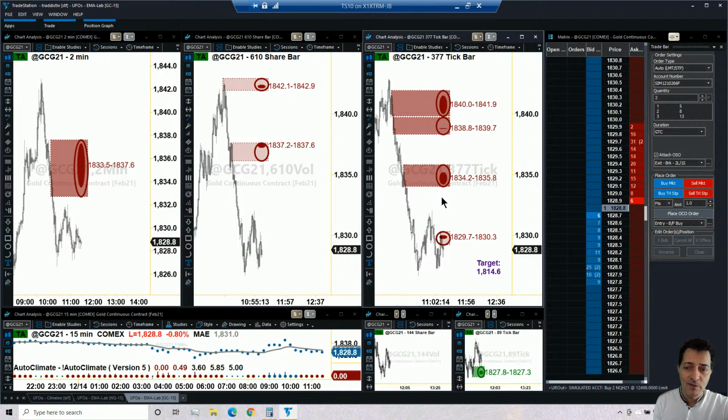Because in order for you to accept the trade went against you, you need to see the trade go against you more. Again, you could certainly give yourself more breathing space, and you may be lucky and it comes back to you. But the reality is that if the UFO didn't work, it went on the other side of the EMA. Well, odds are that the climate is changing. So why would you give yourself so much breathing space? So in my case, I just go one tick on the other side of the UFO.